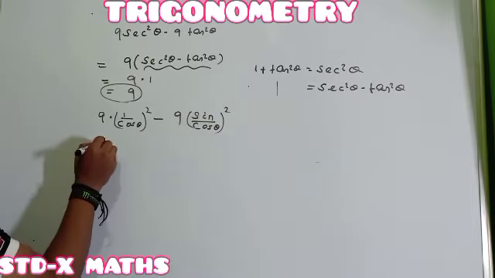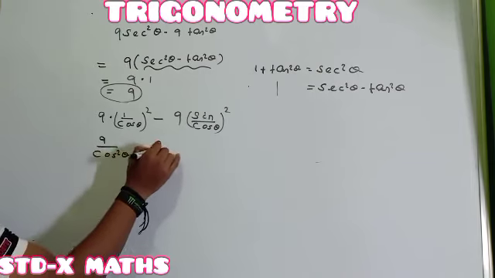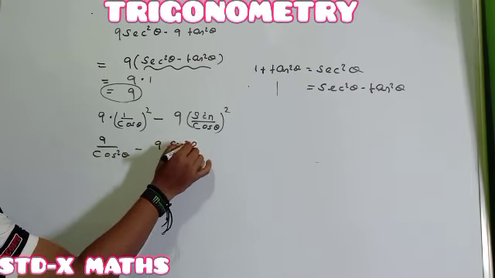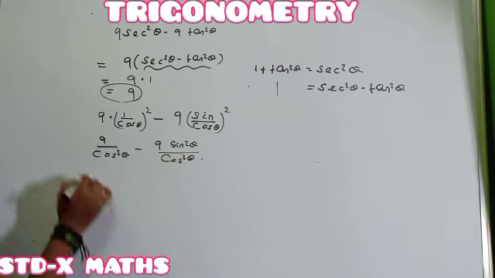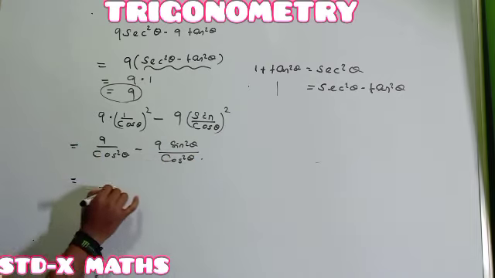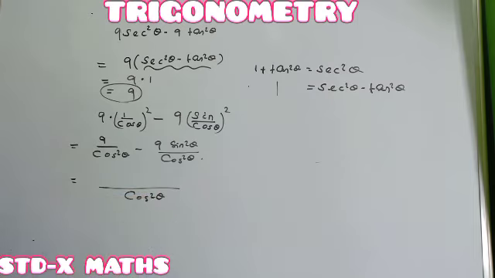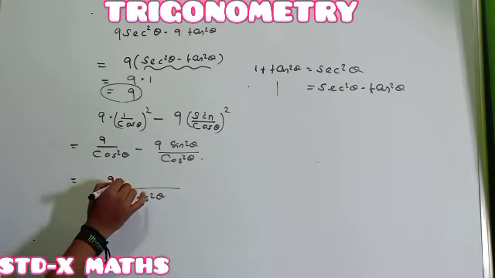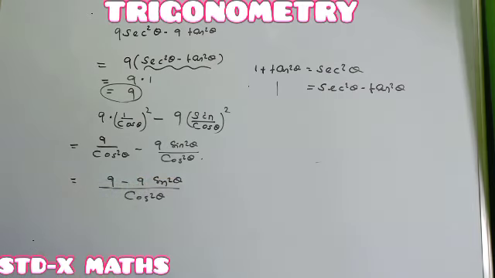In the next step, I can write it as 9 divided by cos square theta minus 9 sin square theta divided by cos square theta. In both, I can take cos square theta as common. And here it is 9 minus 9 sin square theta.